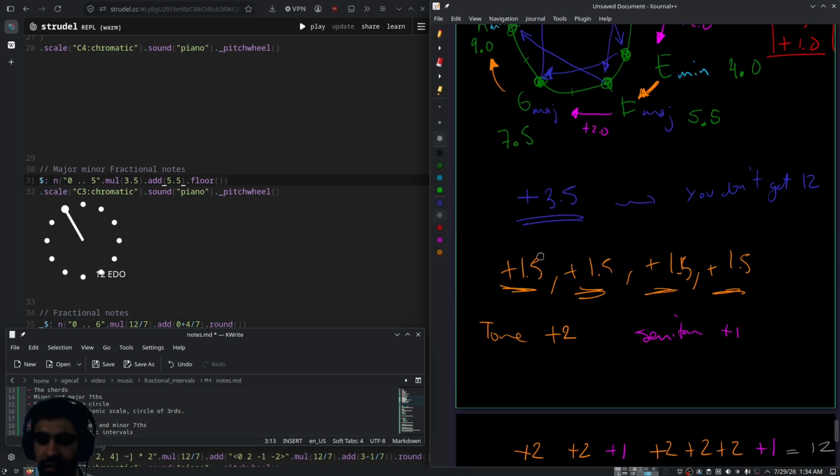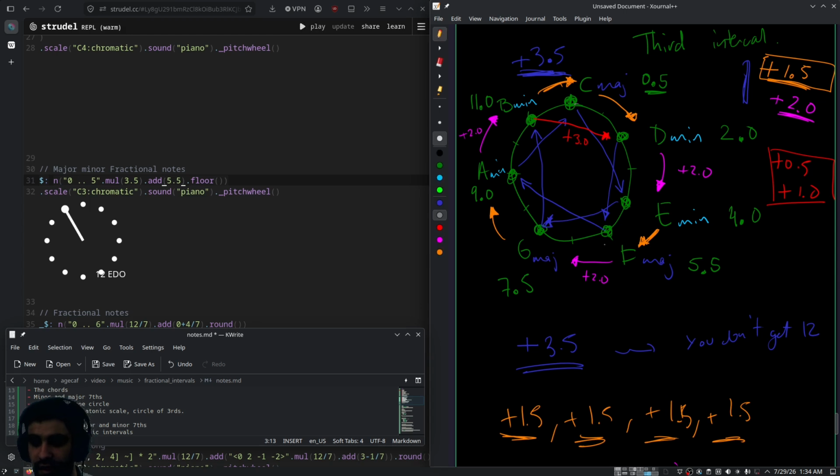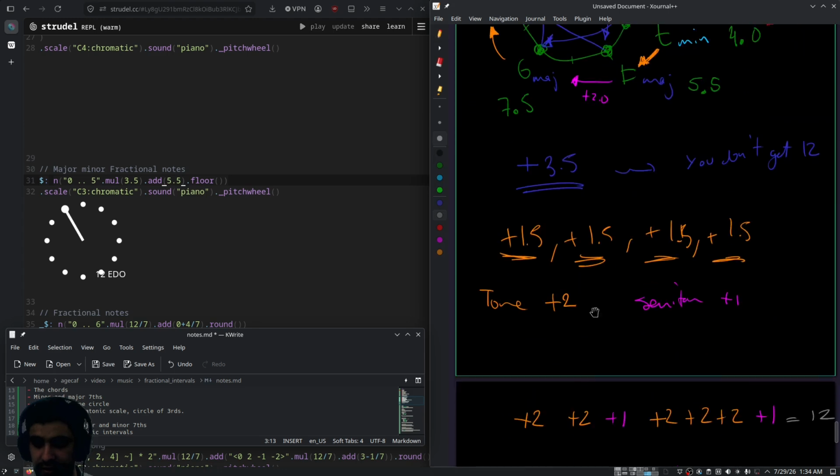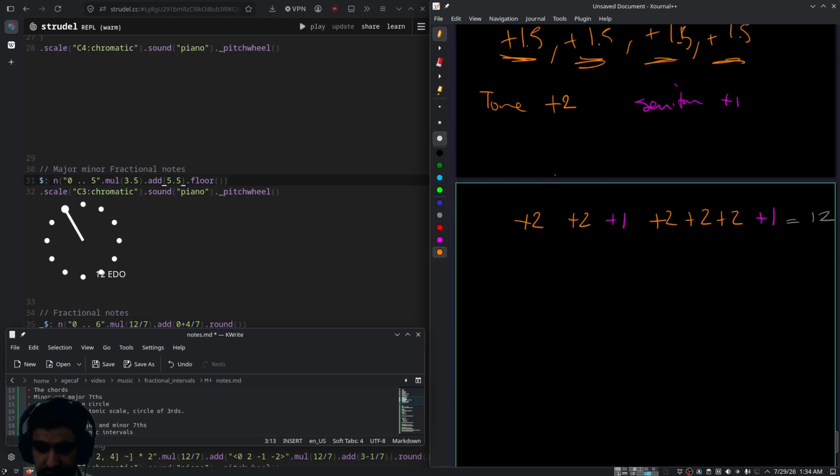If we look at the fractional differences, now everything is either +1.5 or +2.0, and it begins with +1.5 and alternates. I'm going to switch colors: +1.5, +2, +1.5, +2, +1.5, +2, and +1.5.